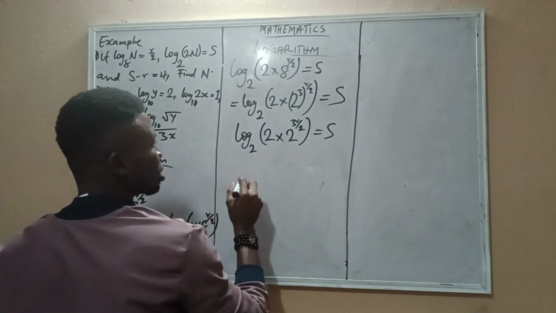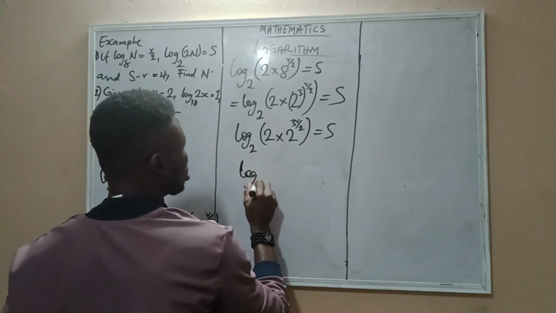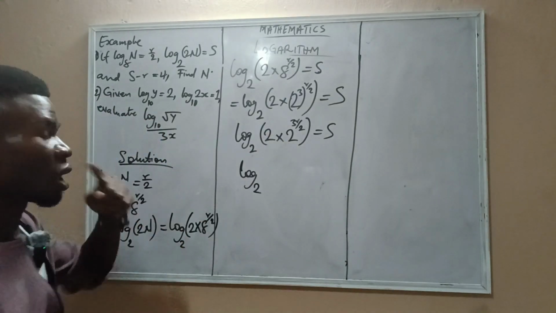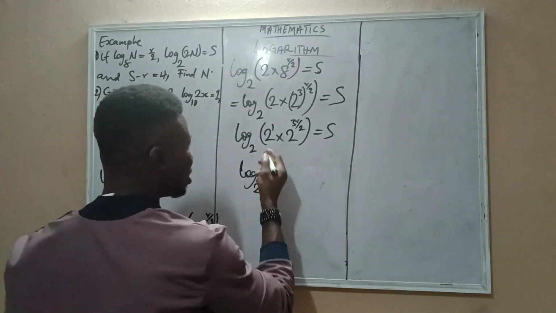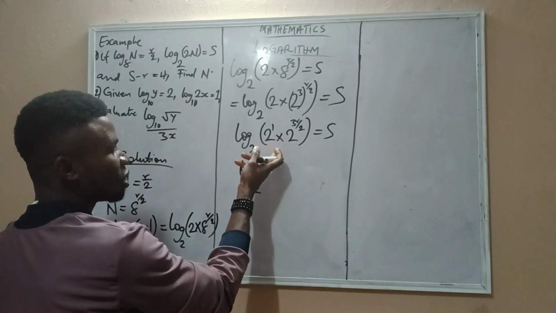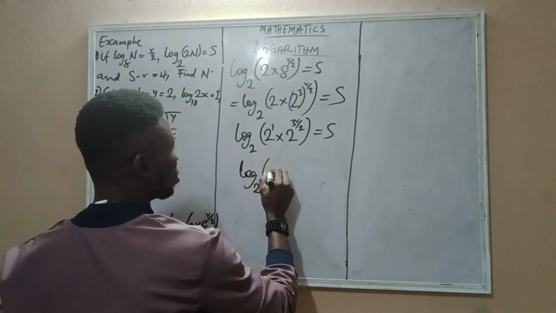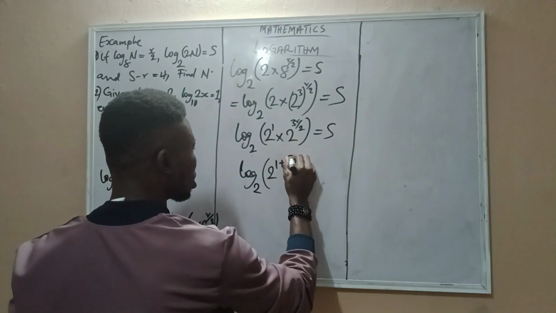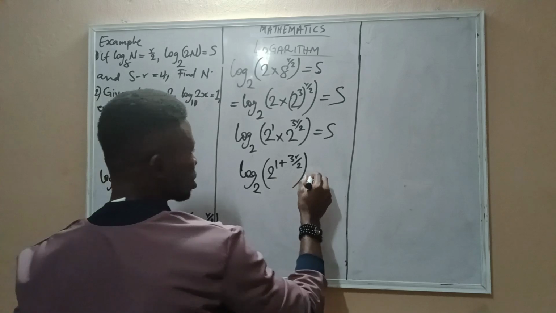And this is the same thing as log to the base 2 of, these are the products, and of course we know that 2 is raised to power 1. So this is the product. From the laws of indices, we add the powers when they have the same base. So this is log to the base 2 of 2 to the power of 1 plus 3r over 2.